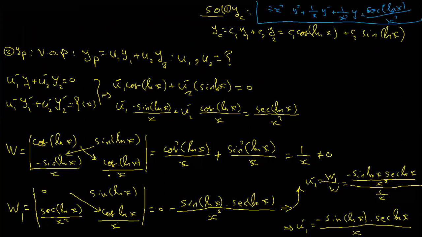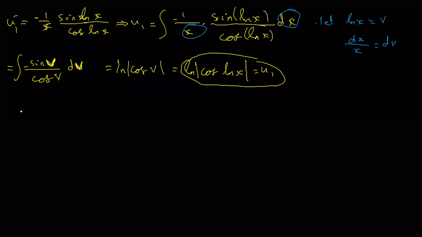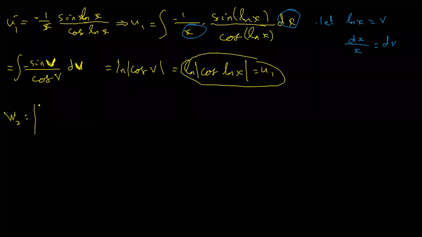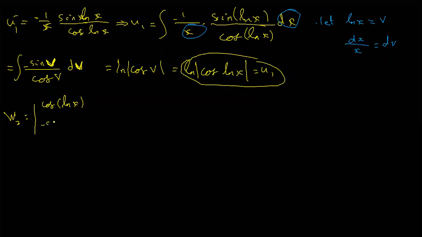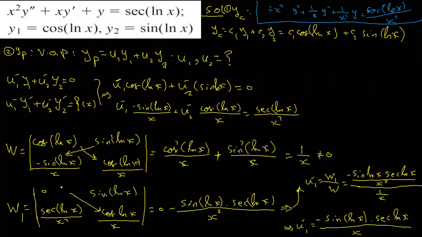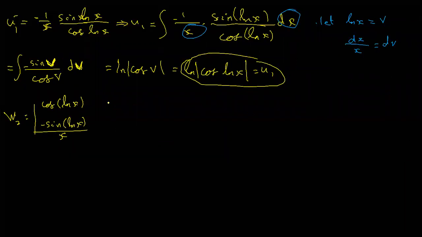So w2 equals the determinant with cosine ln x and negative sine ln x, all divided by x, and the right hand side is sec ln x over x squared.